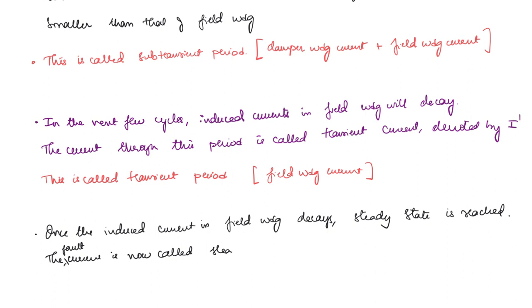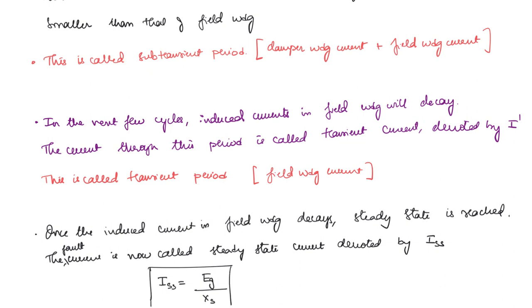Okay, just to avoid confusion, the fault current is now called steady state current, denoted by ISS. So what will this be equal to? ISS will be equal to the internal generated voltage divided by the synchronous reactance.